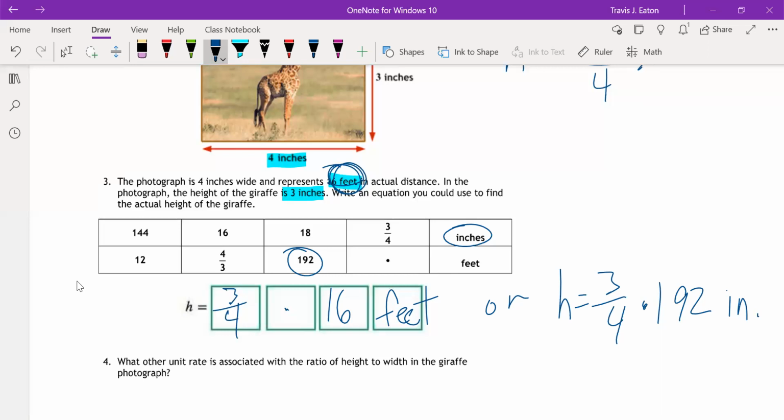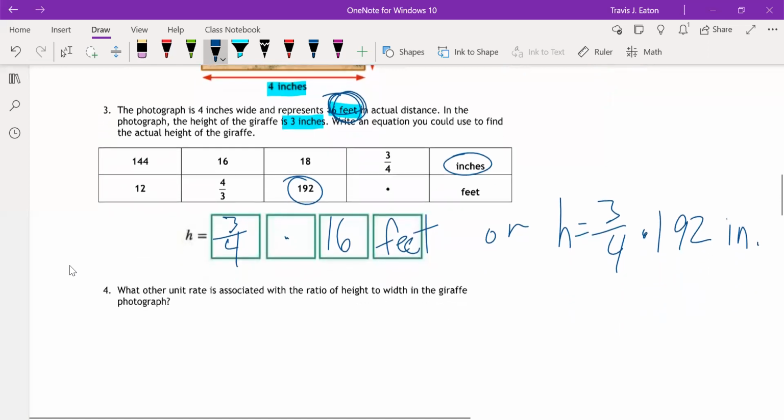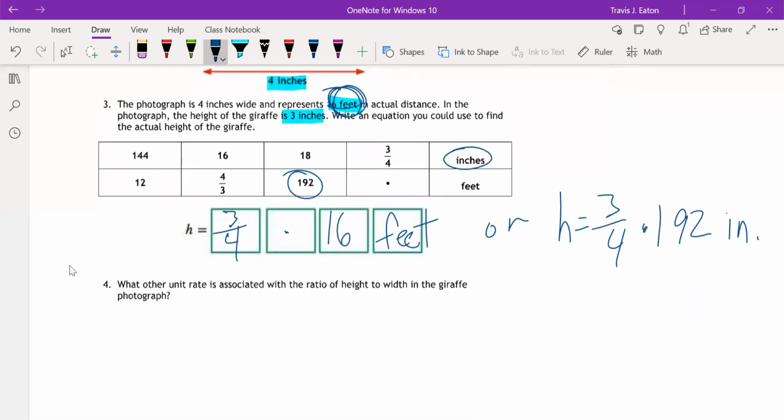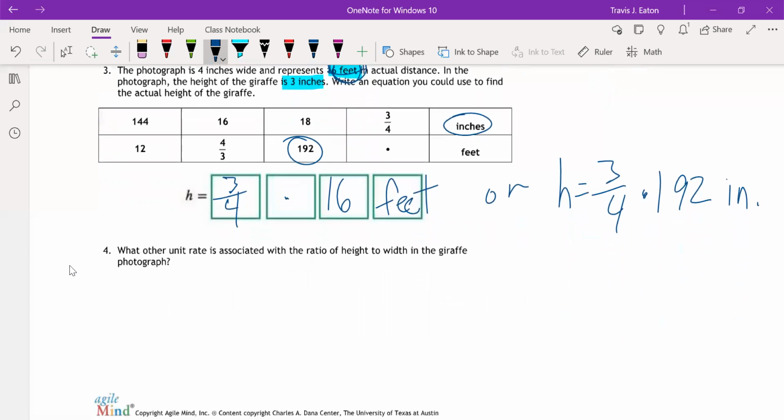Now, we've been talking about unit rates. And remember, with every ratio, there are two unit rates. In this case, we're talking about height to width, and our height to width was 3 divided by 4.